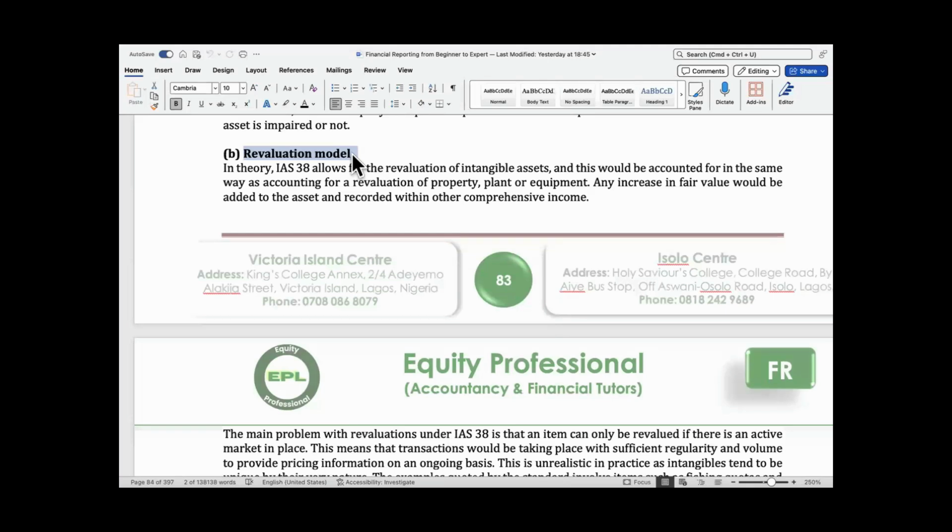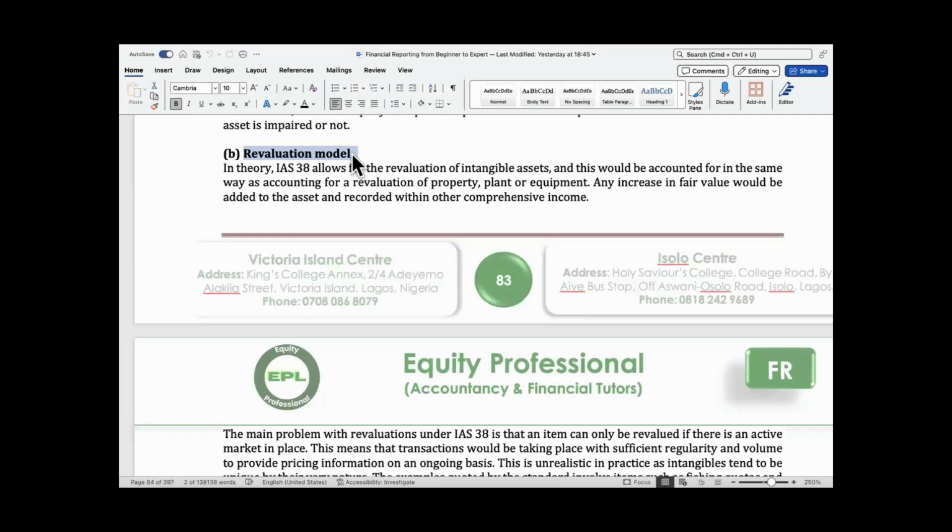And the reality is that most intangible assets are just on their own. They don't have any active market. Is it a license you want to be looking for an active market for, or a franchise, or software that you develop in-house? Or is it your database? Name it.